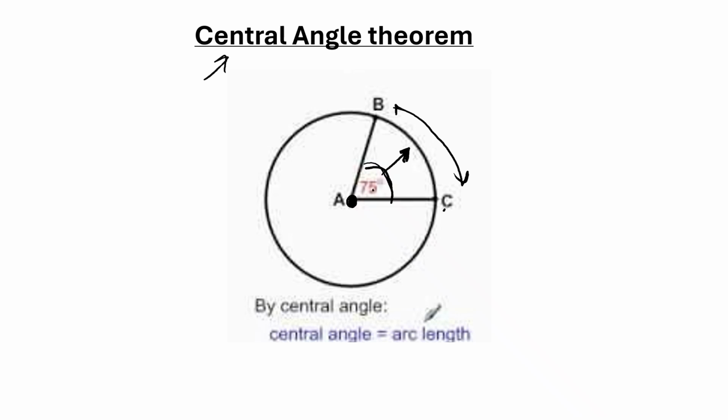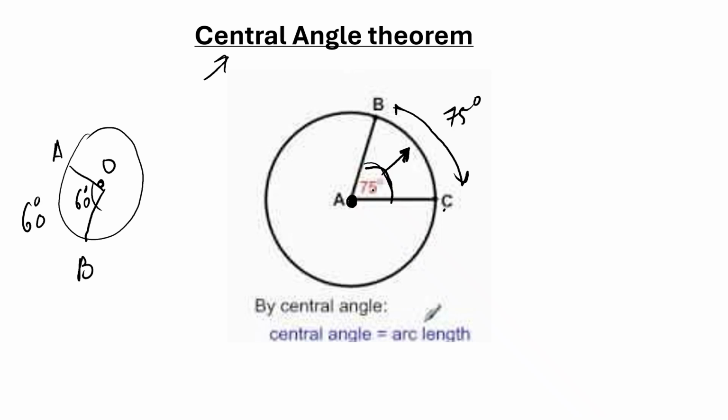If it is 75 degrees, this is also 75 degrees. If this central angle is, let's suppose, 60 degrees, the arc AB will also be 60 degrees. Yani the measurement of the intercepted arc and the central angle is exactly the same.